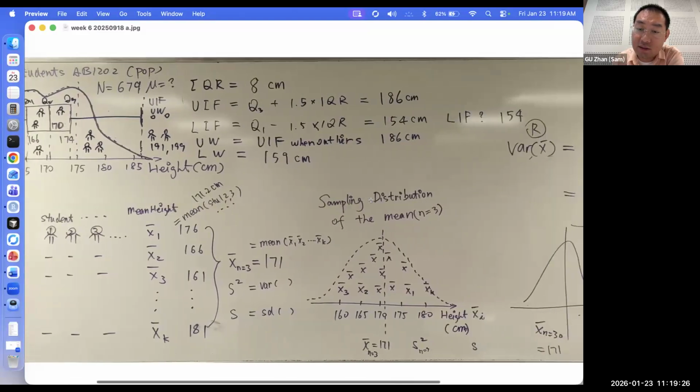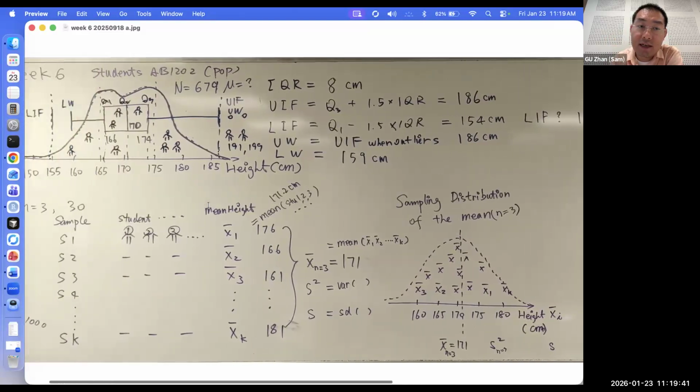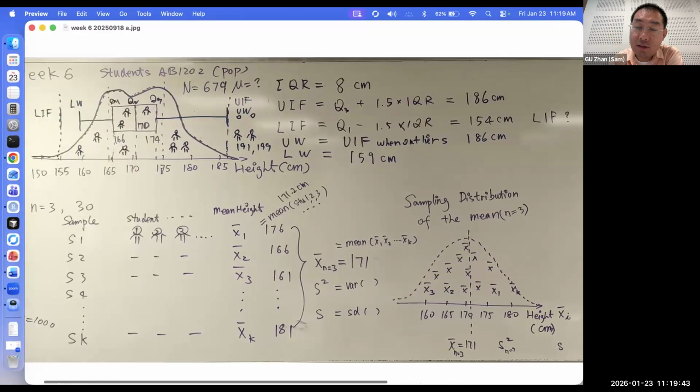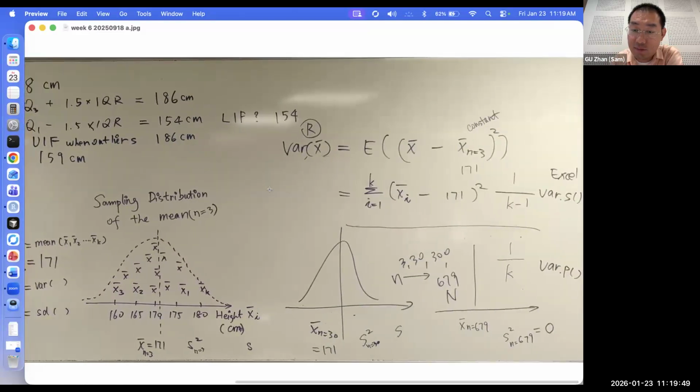This is the consequence of CLT. At the same time, the sampling distribution's variance will be equal to the population variance divided by n, the sample size.